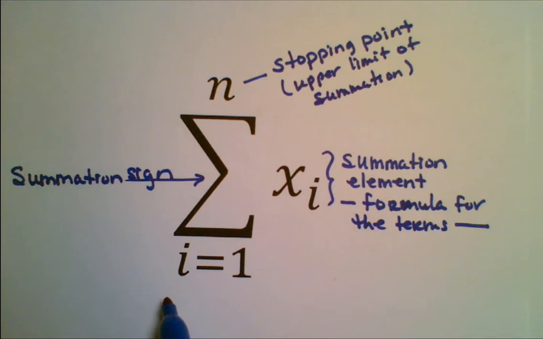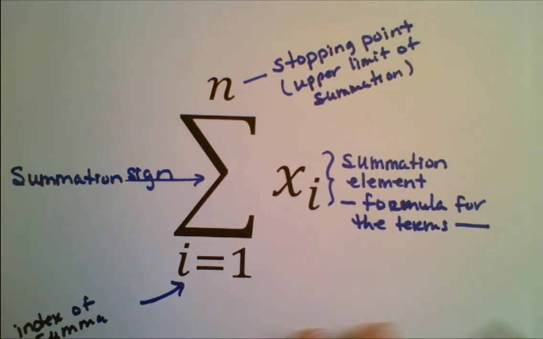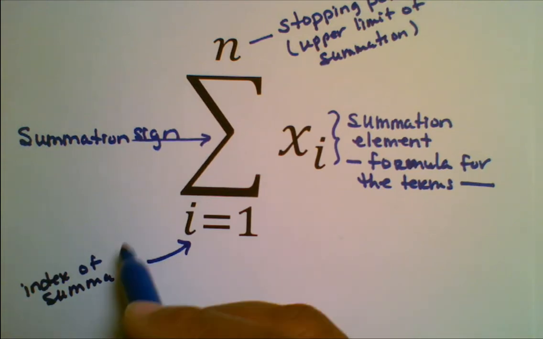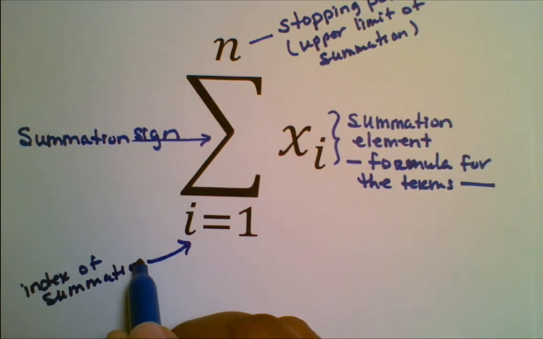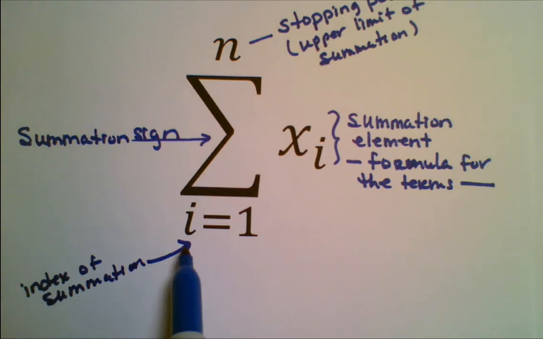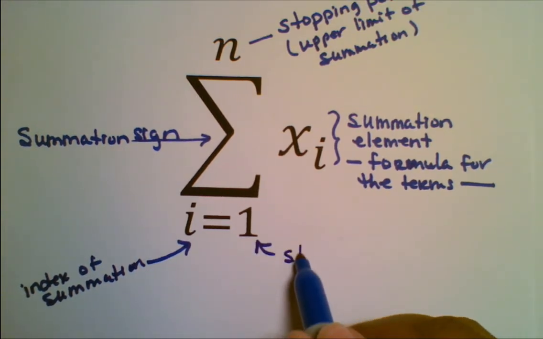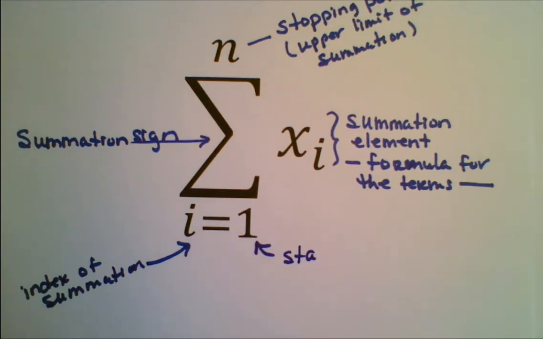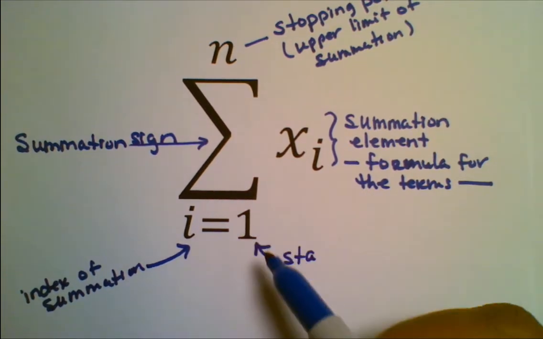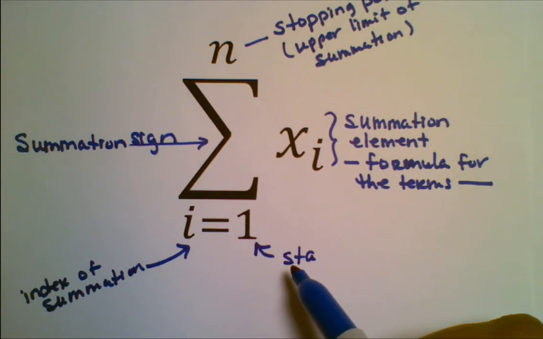And then we have i is equal to, i being the index of our summation. It is the letter used in the lower bound of our summation. And then this number 1 is our starting point. Now, our starting point doesn't have to be 1, but this is what we call the lower limit of the summation.